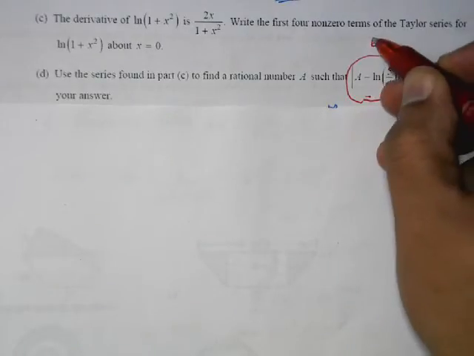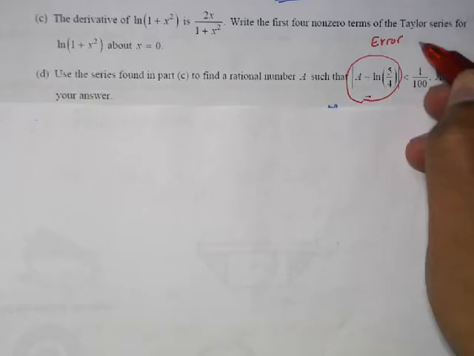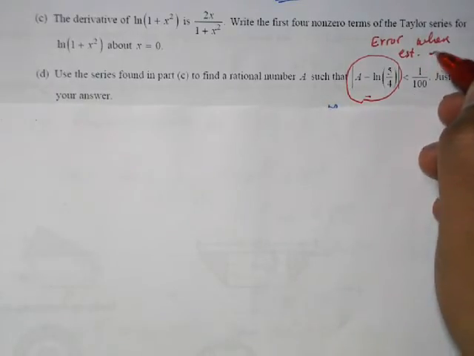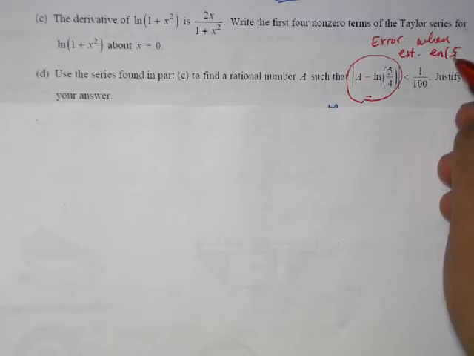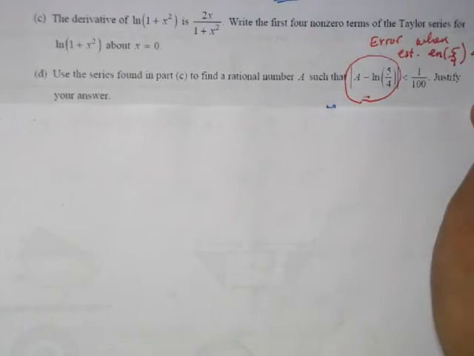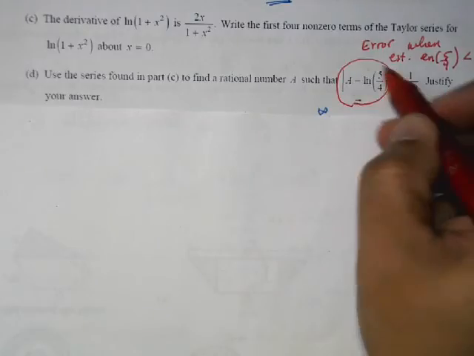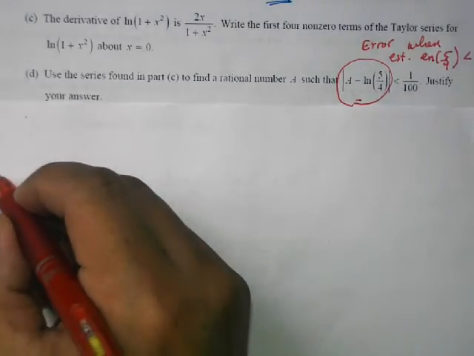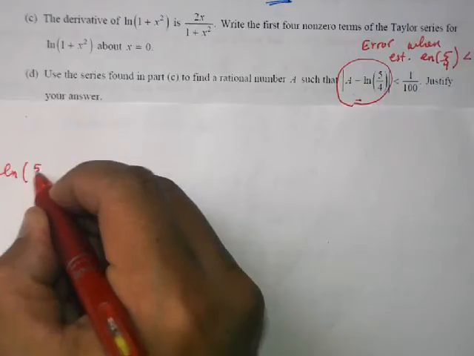So this is really saying the error when estimating the natural log of 5/4 is less than 0.01. So this expression that I circled in red is really saying the error.